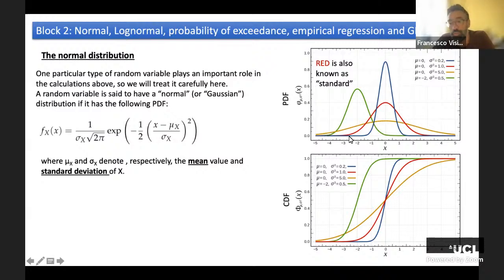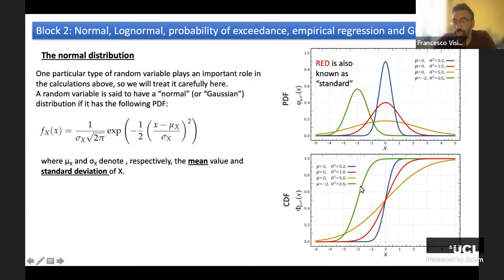If we integrate over all these values to build the cumulative distribution function, we can see that the three curves intersect at the same point where the mean is 0, and on the y-axis we have 0.5. So it means that 50% of values are below the mean and 50% of values are above the mean.